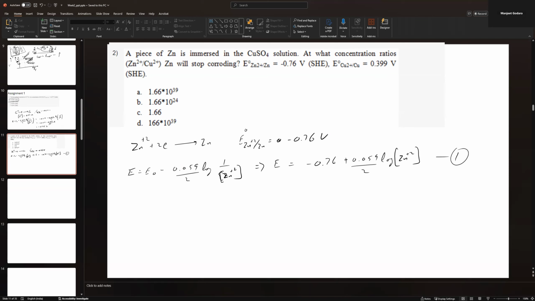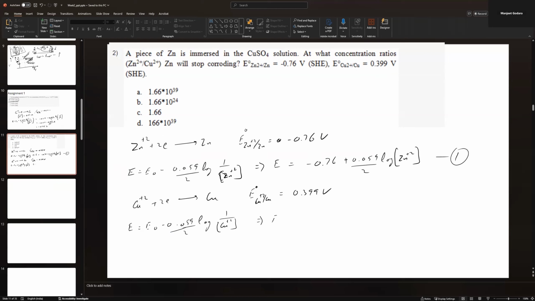The second equation is for the copper reduction reaction, Cu2+ plus 2 electrons gives Cu. The reduction potential for Cu2+ to Cu is given as 0.399 volt. So we are writing the Nernst equation for this. E is equal to E naught minus 0.059 divided by 2 log 1 over Cu2+ concentration.